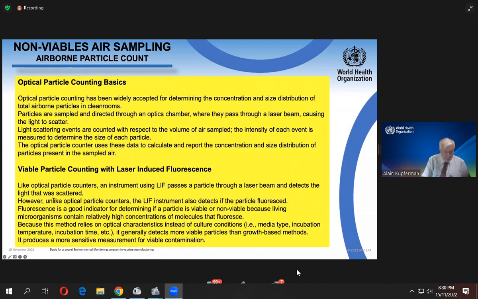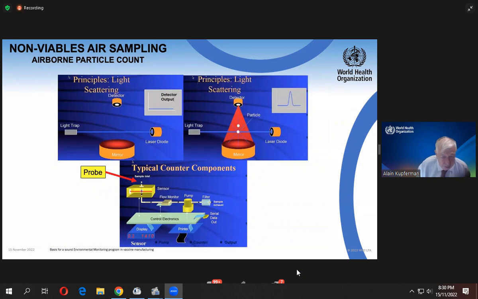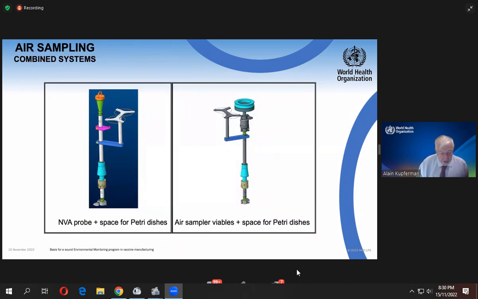But then you have new ones with laser-induced fluorescence. That is what I said before, that it will detect live organisms because of the fluorescence. But at the moment, it is still very expensive. But in a few years, nobody will speak anymore about the price. For instance, here you see this has to be mounted inside the machine.